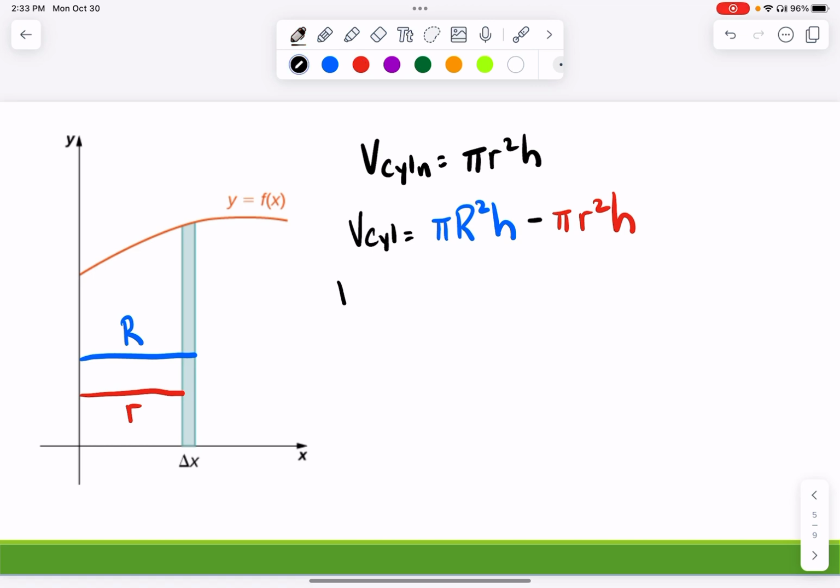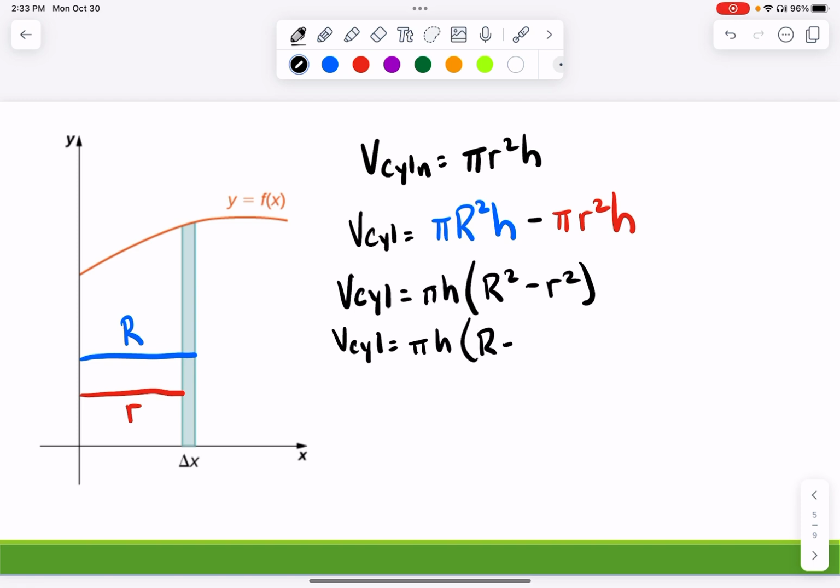Now, a few things we can factor out: a pi and an h, and I'm left with big R squared minus r squared. The volume of my cylinder is pi h, big R minus r, times big R plus r. Now there's a little bit of crazy math here.